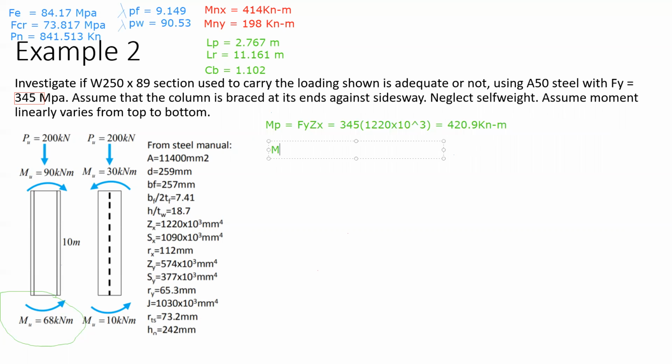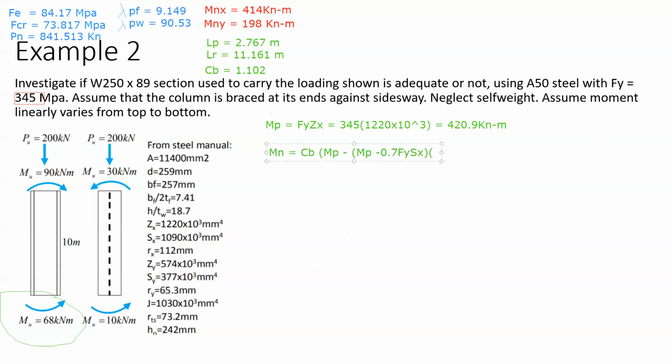And then let's solve for MN. So the value kanina, MN now is equal to CB times MP minus MP minus 0.7 Fy Sx. Yan.